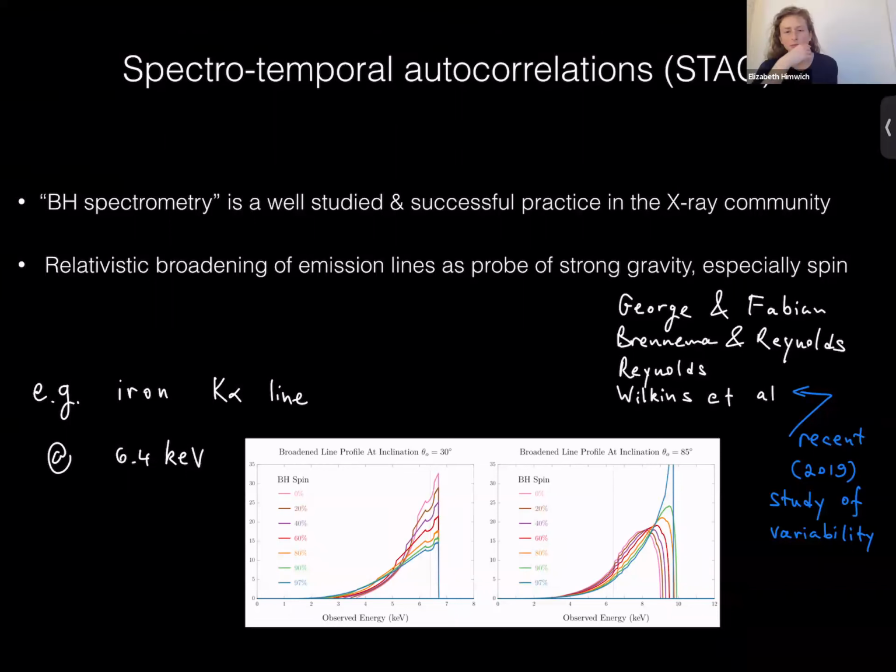Okay, yeah, I guess. I was imagining something else. So you can really just say it's purely relativistic effects for these types of lines, just because it's the same.